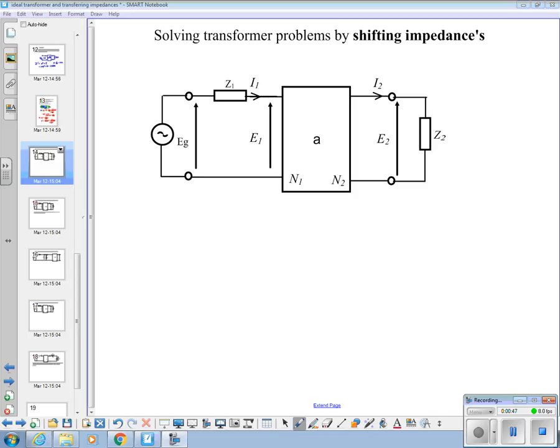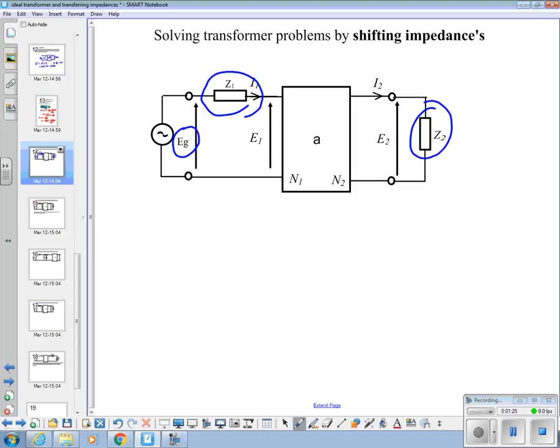Any other components that we add inside what is our model of a real transformer are going to be voltages we can't measure, but we may well need to calculate voltages and currents. So if in this problem we know EG and we know Z2, but we want to find out what the secondary voltage is and the secondary current, we've got a problem because we haven't got a way to factor in what this component is doing to the circuit.